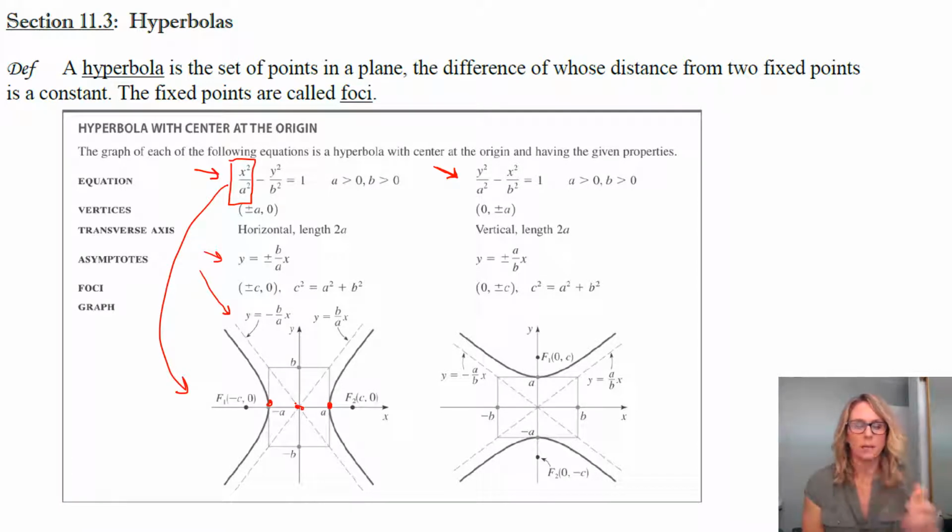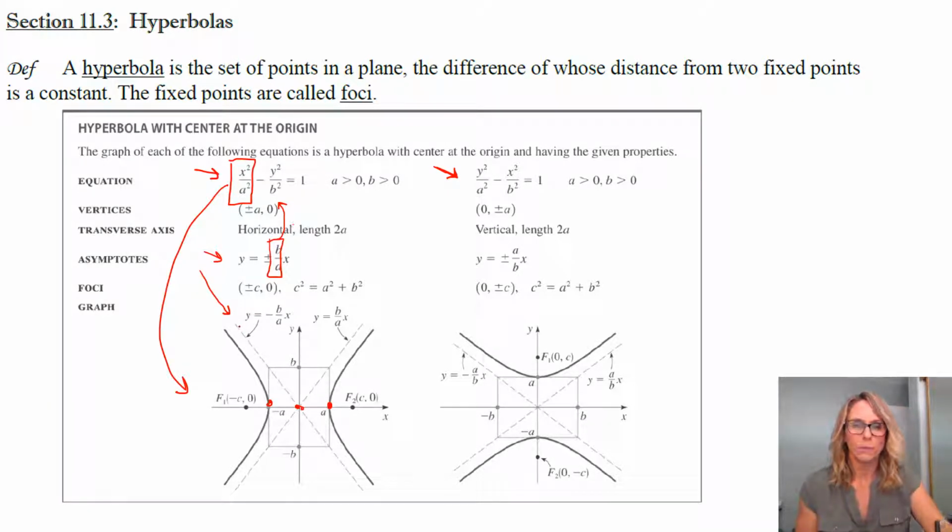What you should see is the asymptotes go through 0, 0. The asymptotes are just lines. And the slope of those lines comes from the values, as we've seen many times, underneath our x squareds and y squareds. So it's just the ratio of those. That's actually b, which is under the y squared, and a, which is under the x squared. The ratio of that creates the slope of the asymptote, plus or minus.